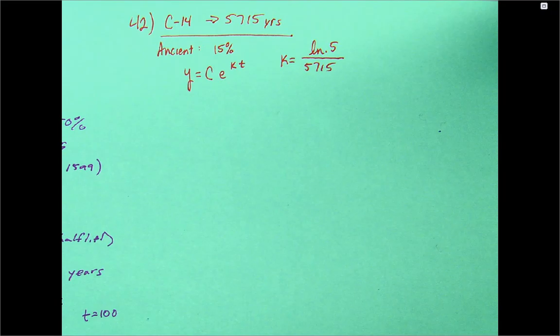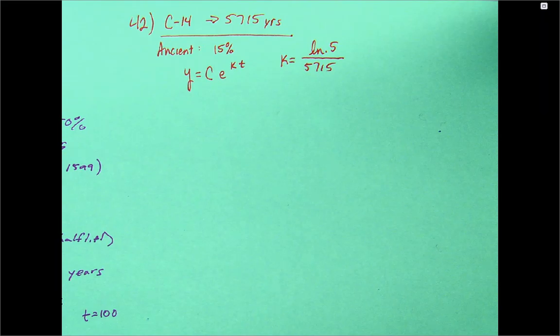Because it says we're trying to figure out how long it takes to get down to 15%. So what would be the original amount of carbon-14 in that piece of wood? 100%, or 1. So y would be equal to 1 times e to the natural log of 0.5 over 5715 t.